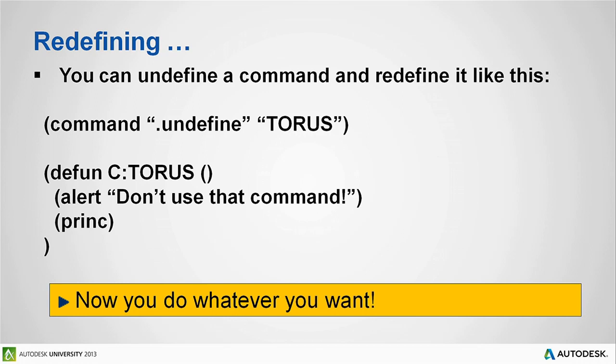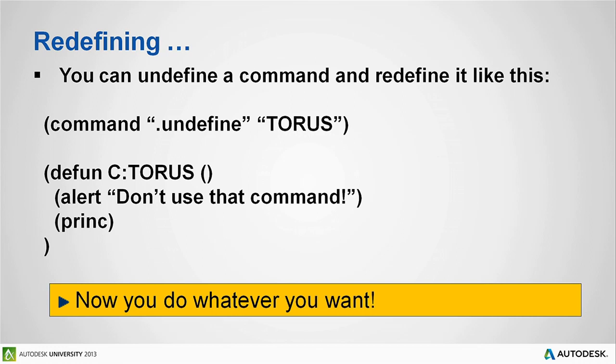So a couple of quiz questions here for you. If I had simply defined the torus function here, what would have happened? The normal version of torus would come up. I would have a C:torus function in memory, but which one would take precedence? AutoCAD's native command would take precedence.